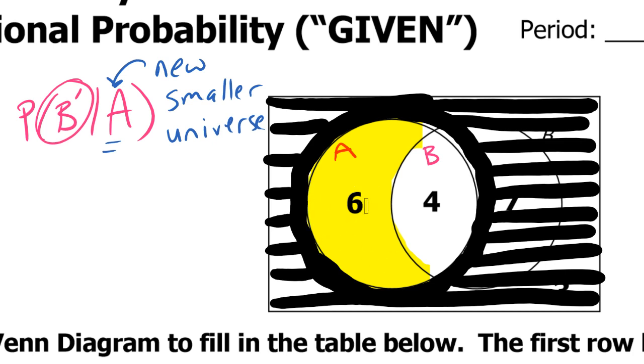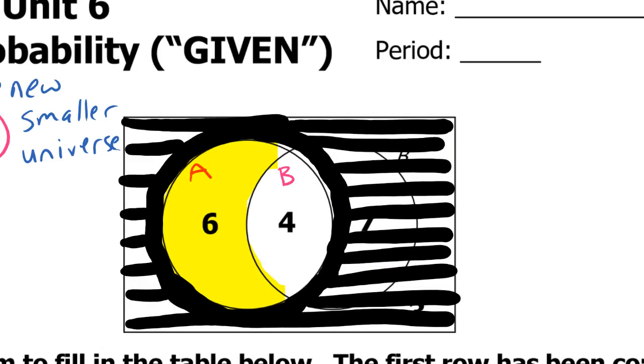So what's the probability of that? Well, target over total. The target is what we just shaded, the 6. The total is 10. Alright, be sure to ignore all that stuff we just blacked out. We're just looking at the new smaller universe, just the 6 and the 4.